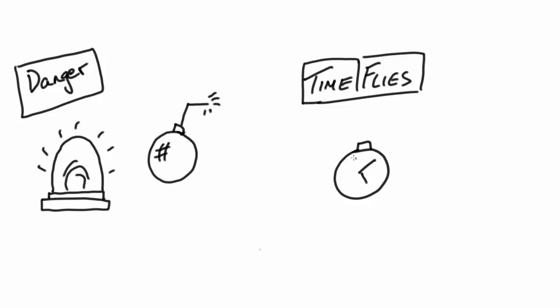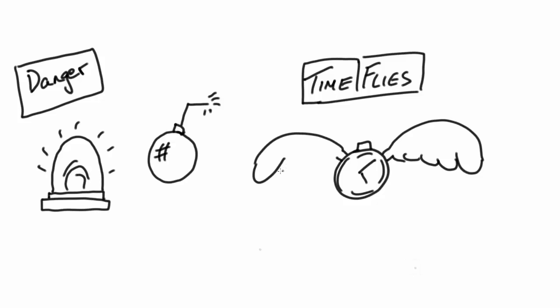And flies, I guess we could represent that as wings. So again, wings, time flies. There's a clock, and that's the representation of time flying. Easy, isn't it? If you put a little bit of thought into it, you can get really good results.